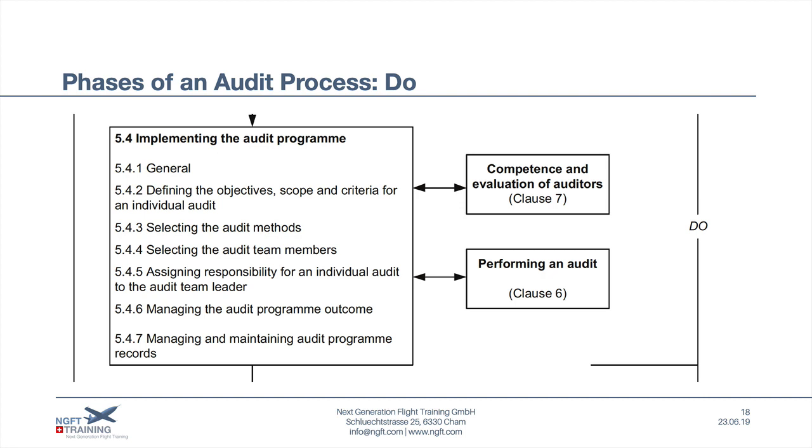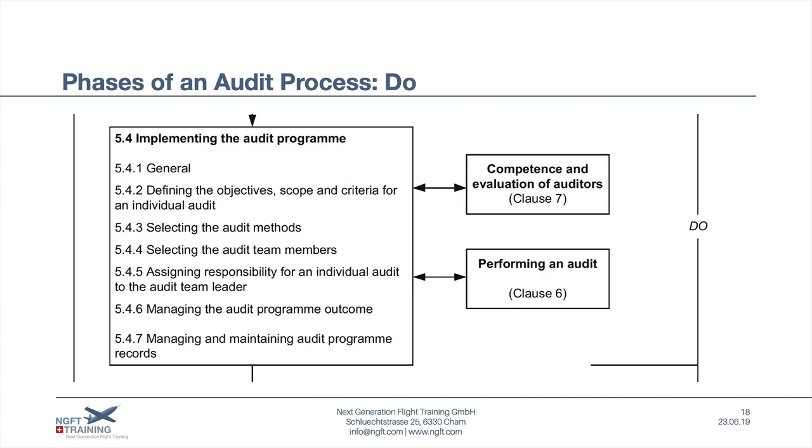Once that is done, it is implemented. Basically, it means that you prepare the audit, you select audit team members, you select the relevant areas that you want to audit, and you prepare the questionnaires. Then you perform the audit itself and review the outcome.